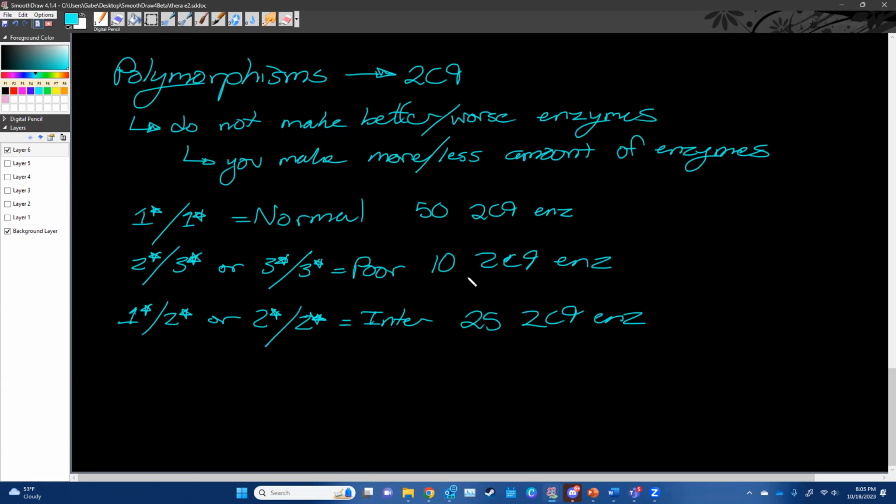If you were a poor metabolizer, should we give you a 2C9 inducer or a 2C9 inhibitor? Inducer, right.